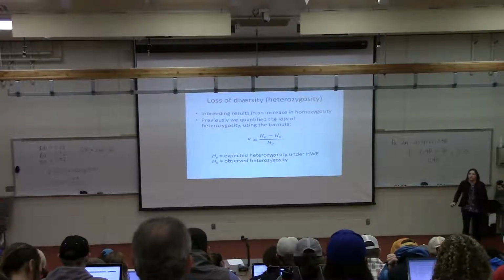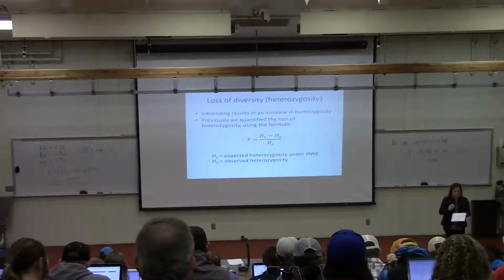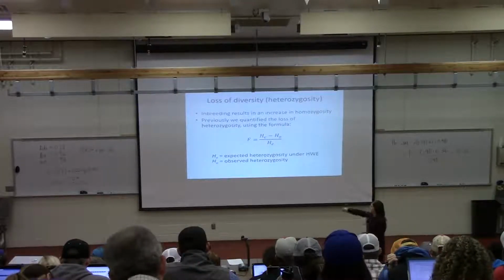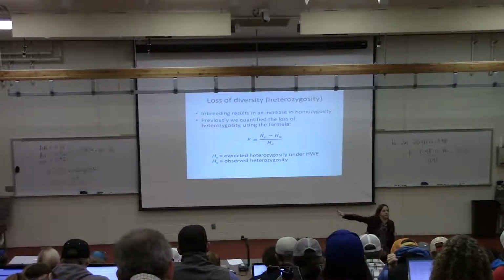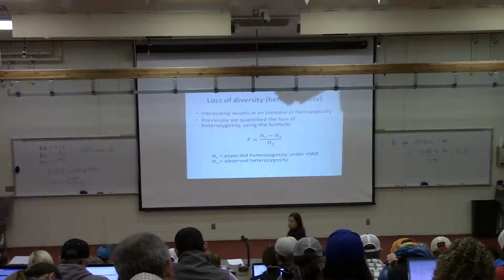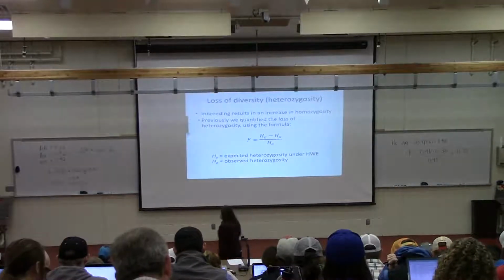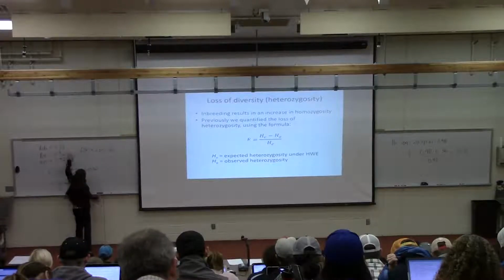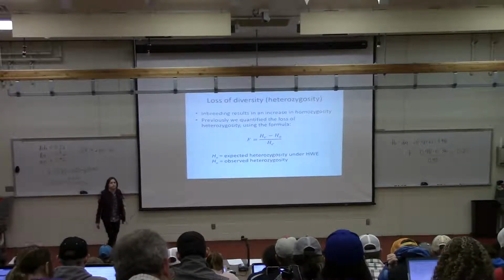We get 0.25. So we should have 48% heterozygotes. We have 36%, which means that if we don't have as many heterozygotes as we should, they must be homozygous, right?